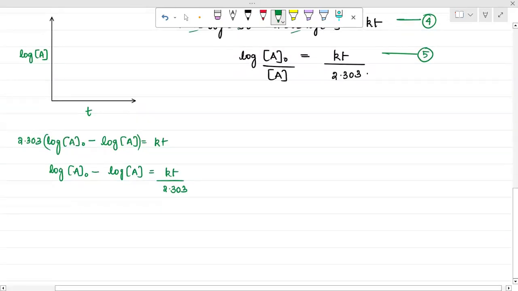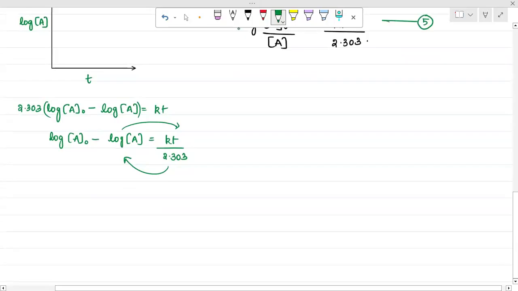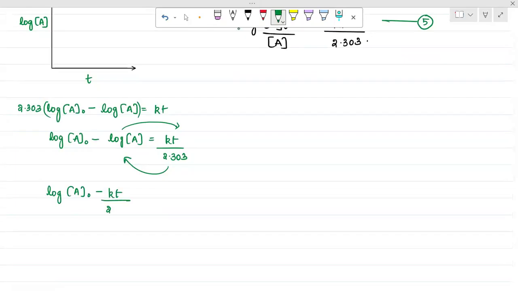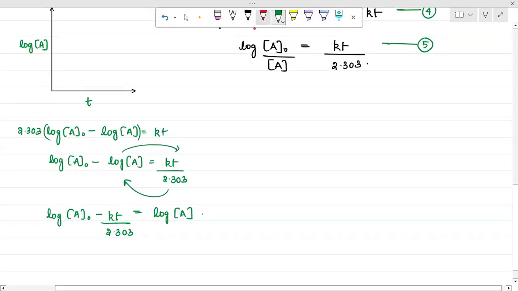Now I want log A along y, so that should be on one side. I'll take log A to the right and bring this one to the left. So it will become log A0 minus kt by 2.303 is equal to log A. Now our form is correct.